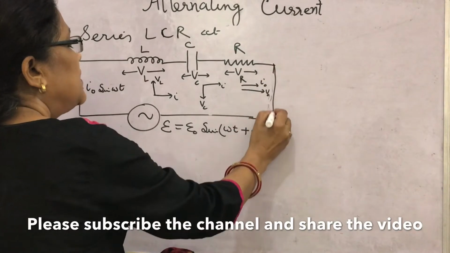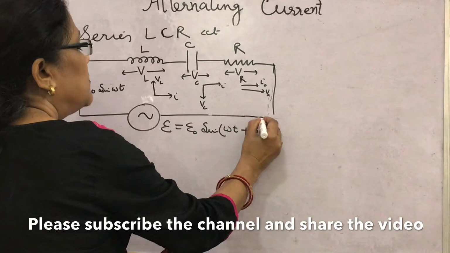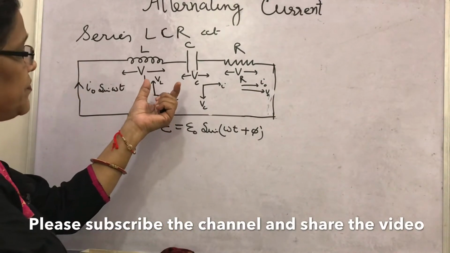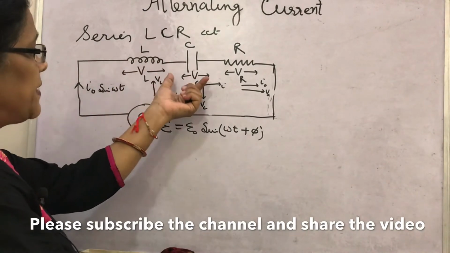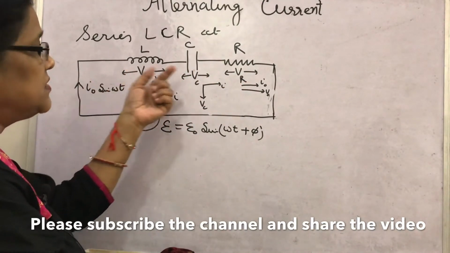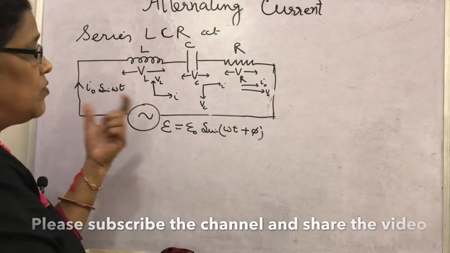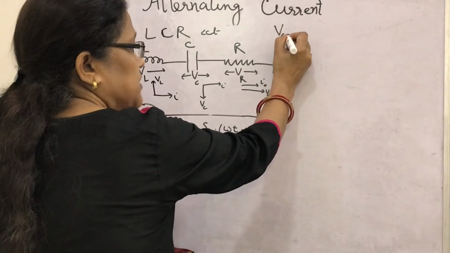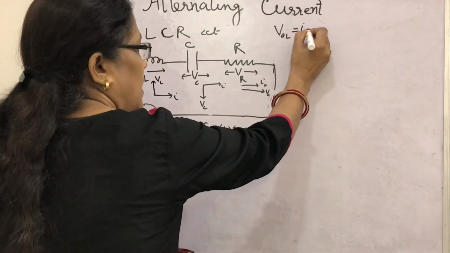So, we have seen individually these phasor diagrams and their behavior in the previous video. Now, all these components, inductor, capacitor and resistor, are combined here in series and connected with the AC source. What happens?